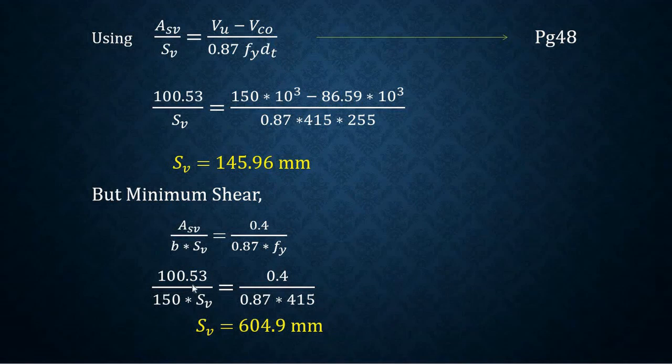ASV is 100.53 whole divided by 150 into SV is equal to 0.4 by 0.87 into 415. We will get the spacing, this is the minimum spacing, as 604.9 mm.